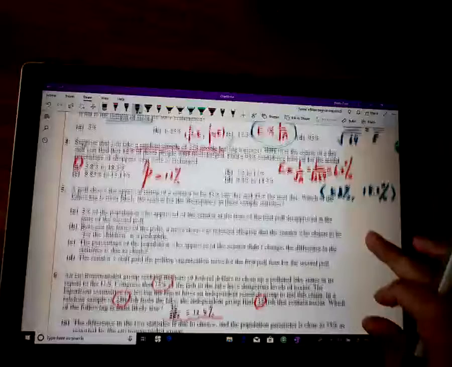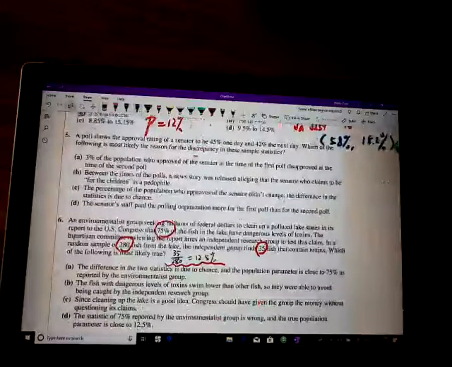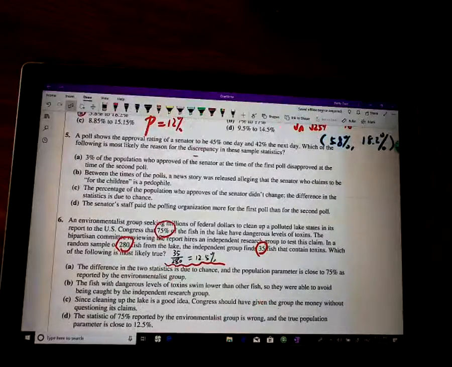Number 5, a poll shows the approval rating of a senator to be 45% one day and 42% the next day. Which of the following is most likely the reason for the discrepancy in these sample statistics? A. 3% of the population who approved of the senator at the time of the first poll disapproved at the time of the second poll.